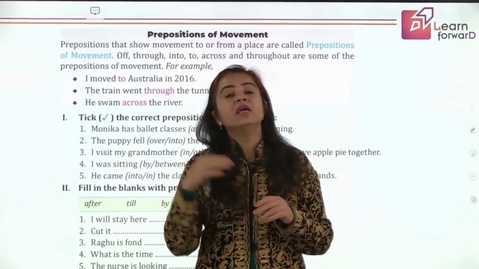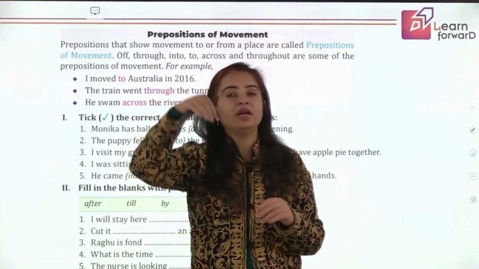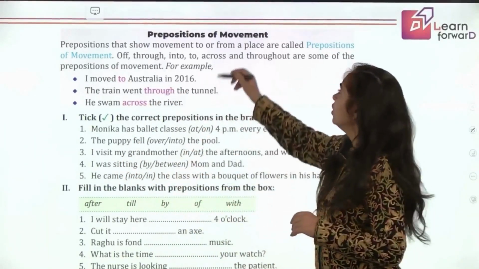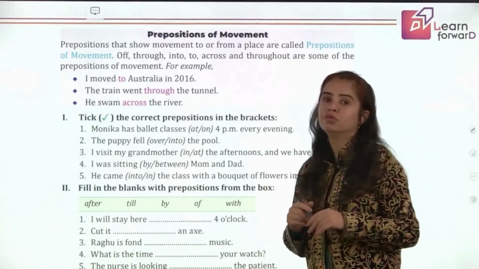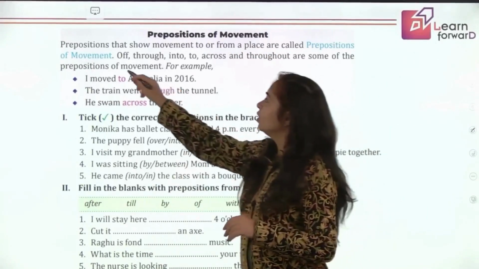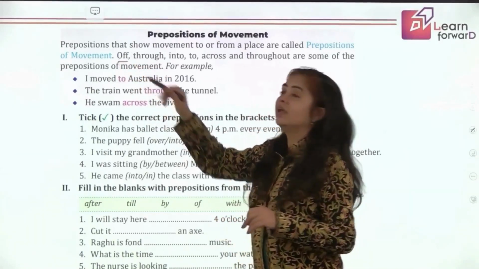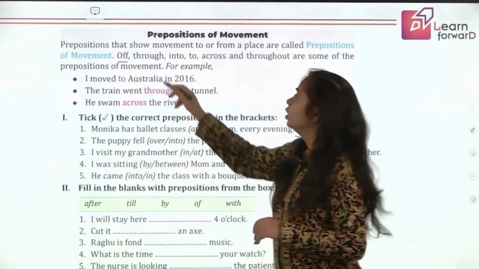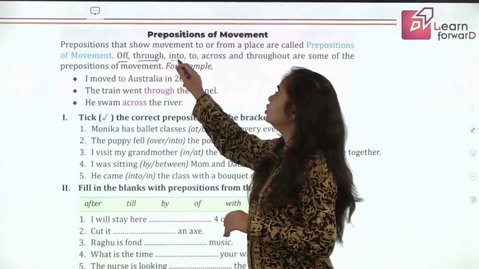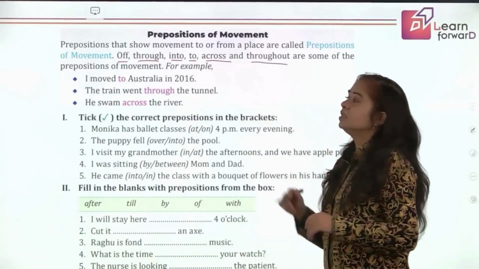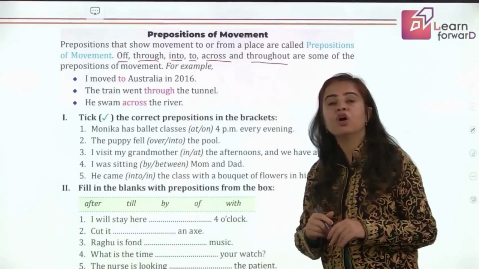So I'll say the boy jumped into the pool. So that shows movement. This is the meaning of preposition of movement, right? Let's see what other prepositions of movement are there. O-double-F, off, then through, then into, to, across, throughout. These are the prepositions of movement.